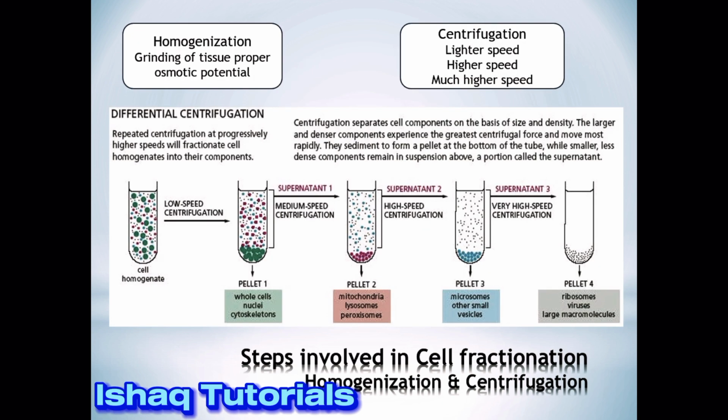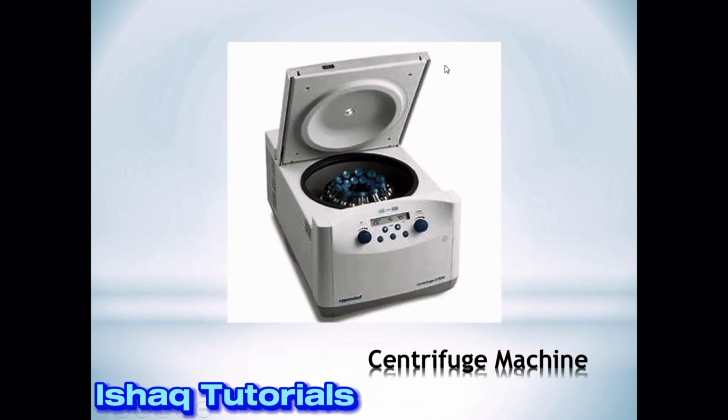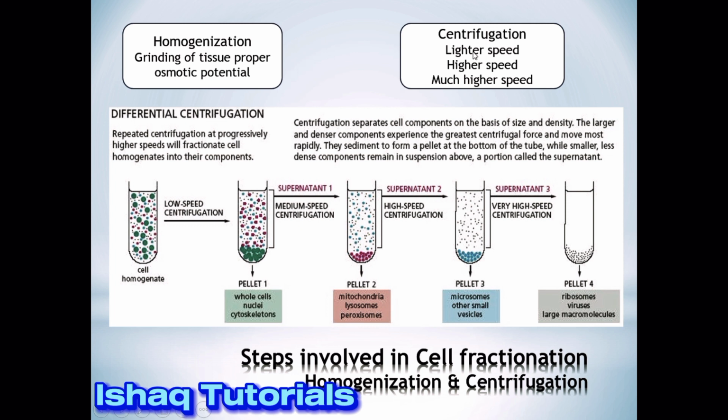So when we grind the tissues of plants or animals or any other living organism in proper osmotic concentration and put them into a test tube, the test tube is put within the centrifuge machine and spun. The centrifuge machine starts at a lower speed, then a higher speed, and then a much higher speed.